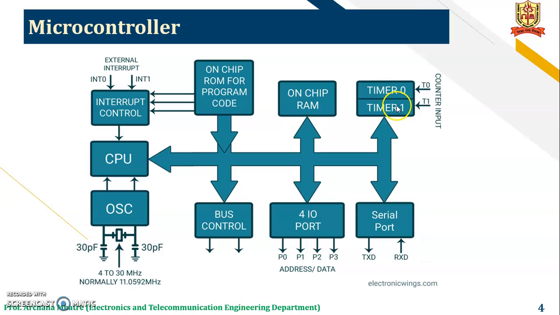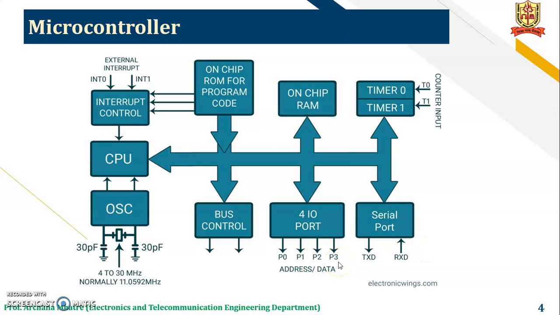And these are the timers. Two timers are used in the 8051 microcontroller, that is timer 0 and timer 1. They can function as a timer as well as a counter, as you can see here. Now these are the buses. Now this is the bus control. Now 4 input output ports are there in the 8051 microcontroller, that is port 0, port 1, port 2 and port 3.